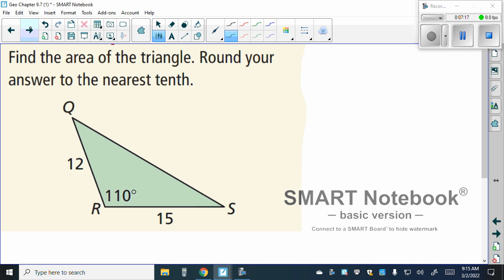Now this one here didn't give us A, B, or C. It gave us R, S, and Q. But the area formula still is 1/2 the two side lengths times sine of the angle between them.